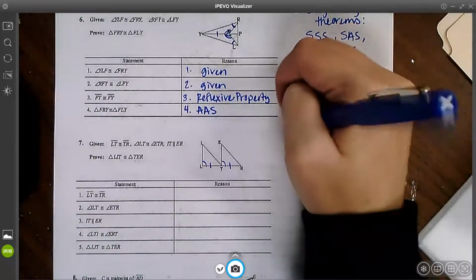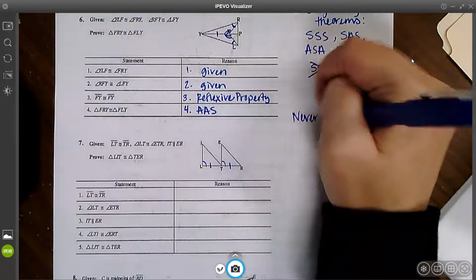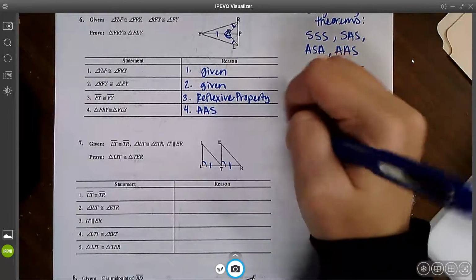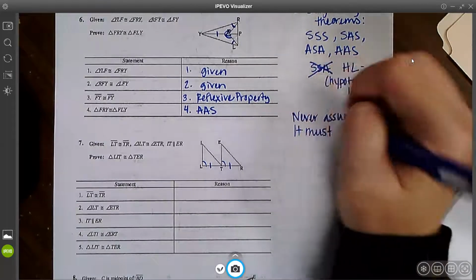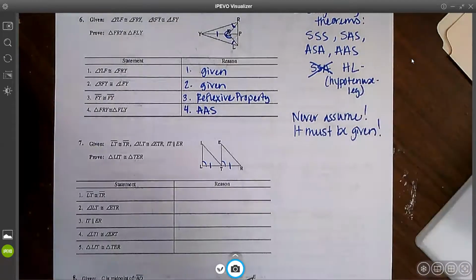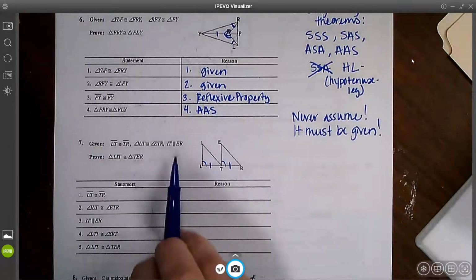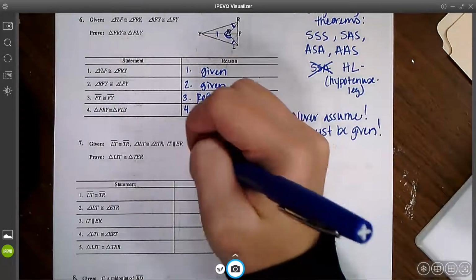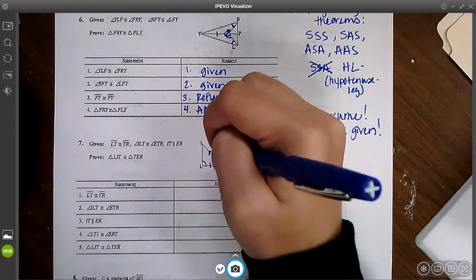So never assume. It must be given, or you must be able to prove it. And then it says that IT is parallel to ER. So this IT is parallel to ER.